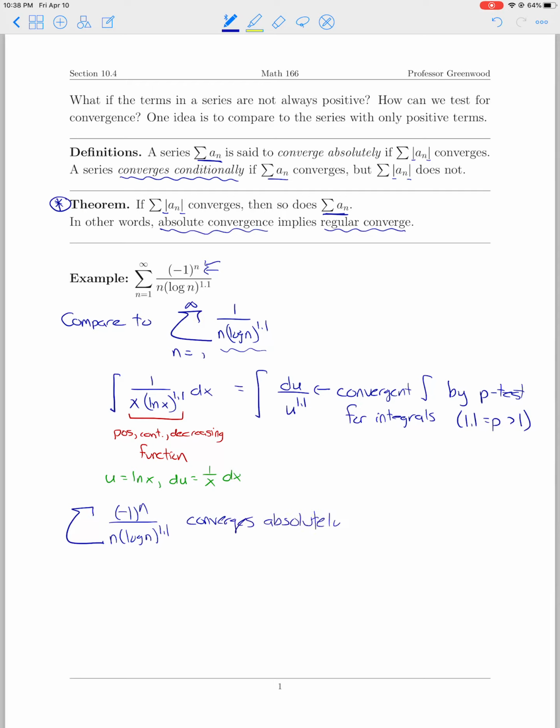And that's by the integral test. And so that means that even if we have this (-1)^n term here, that doesn't affect whether or not it converges, because even if we just take the plus part of it, it still converges.